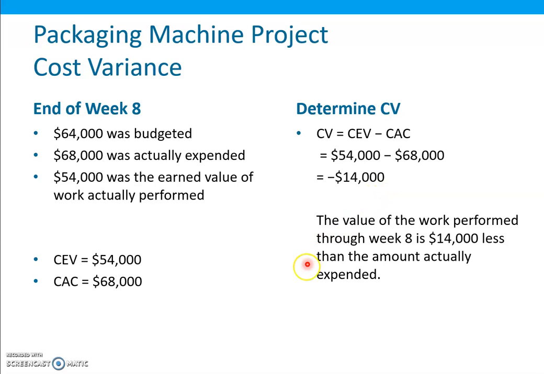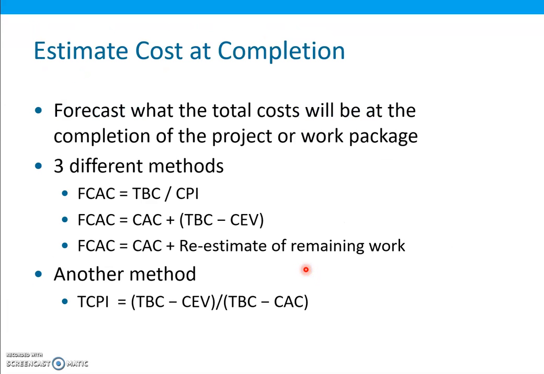Okay, so with this information, we can also calculate the estimate cost at completion. Based on analysis of the actual cost, it is possible to forecast what the total cost will be at the completion of the project or work package.